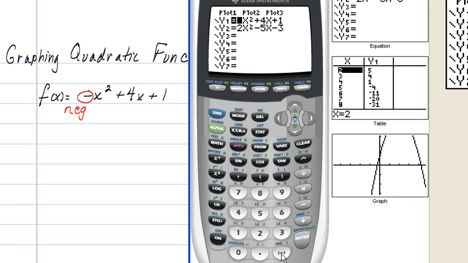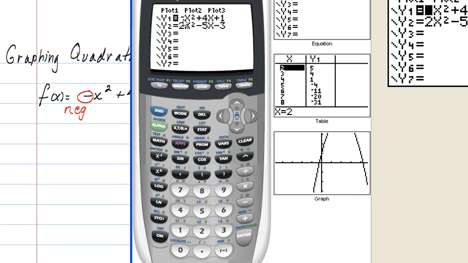This little minus gives me something negative. If I need a subtraction, as you can see in the two functions I have here, the fat minus sign comes from the subtraction key. The small negative sign comes from the negative sign key here at the bottom. Very important to use the right one.